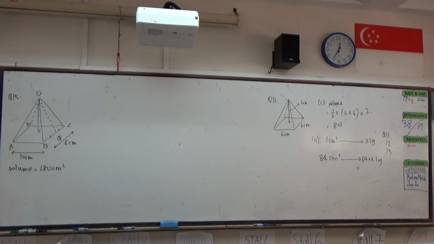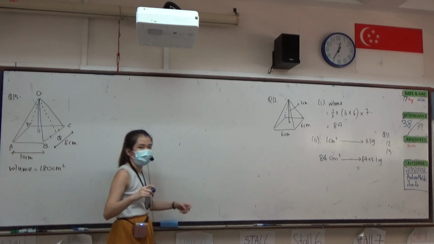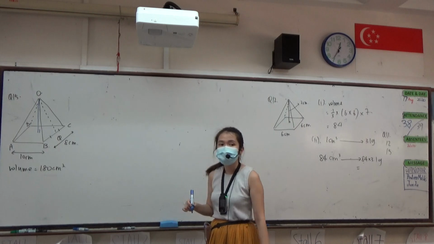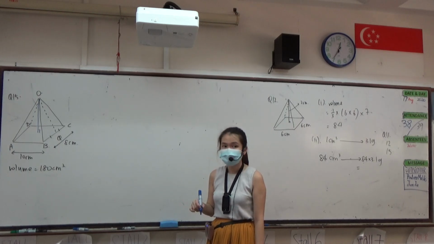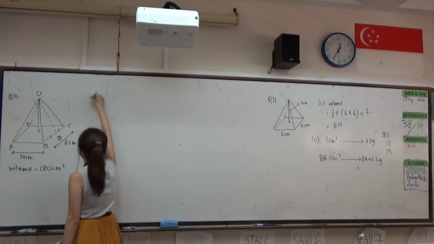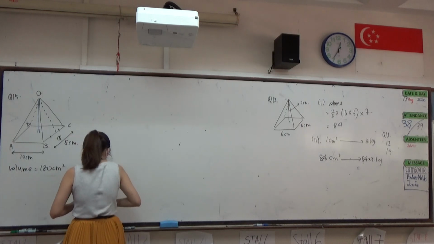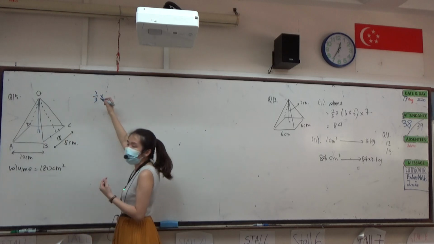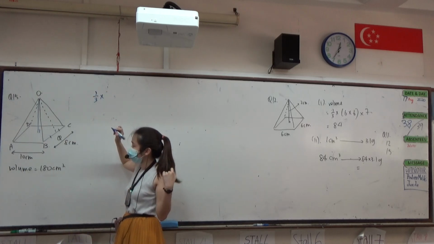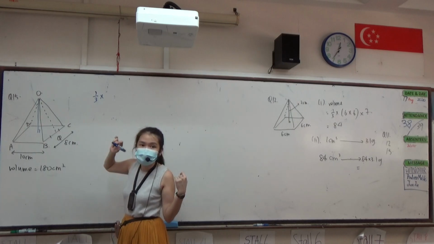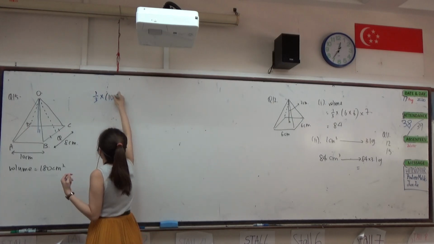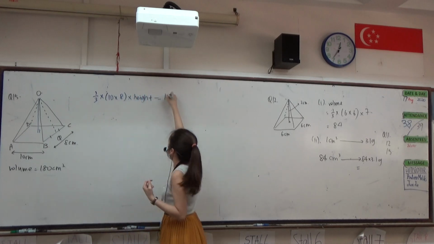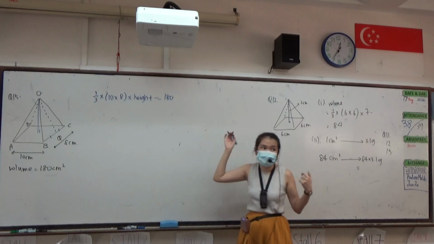What's the volume formula of a pyramid? 1/3 times base times height. Base is what? 10 and 8. So 1/3 times 10 times 8 times the height gives us the volume, which is 180. So we can form an equation like that.